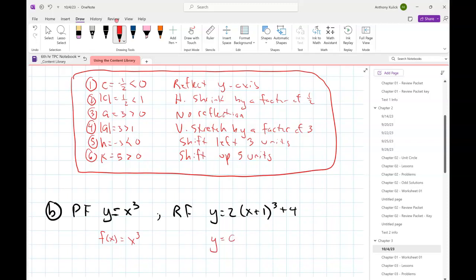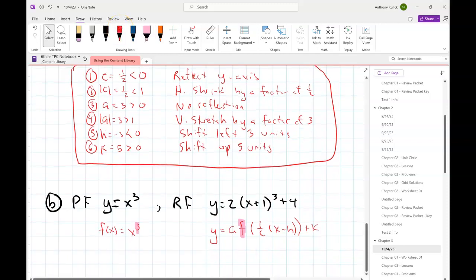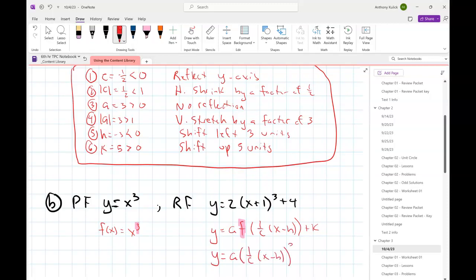So the general form for my resultant, where the f is just going to be replaced by cubed. So instead of having an f, really I just have the cubed. Is everybody okay with that?